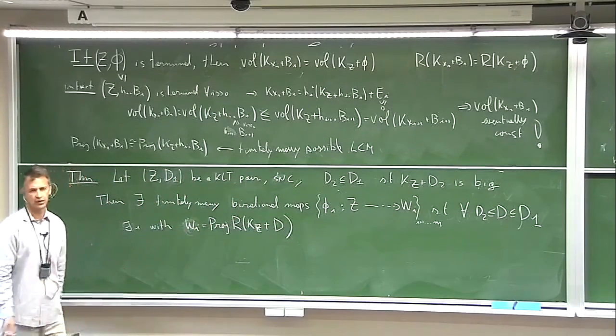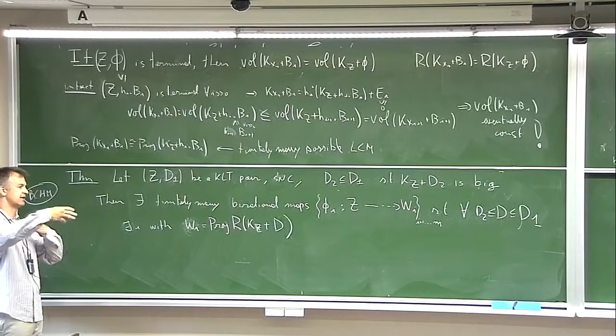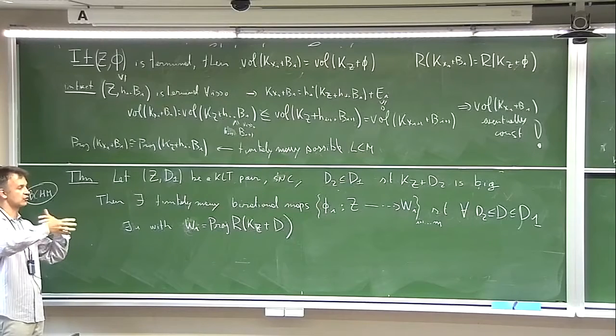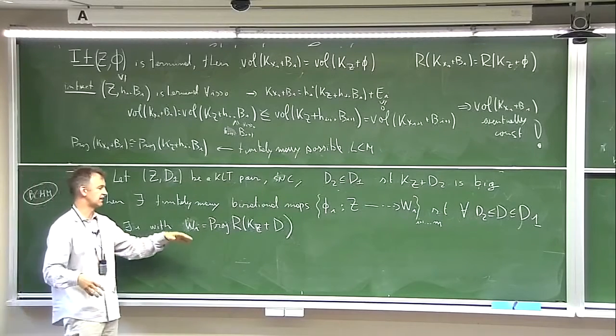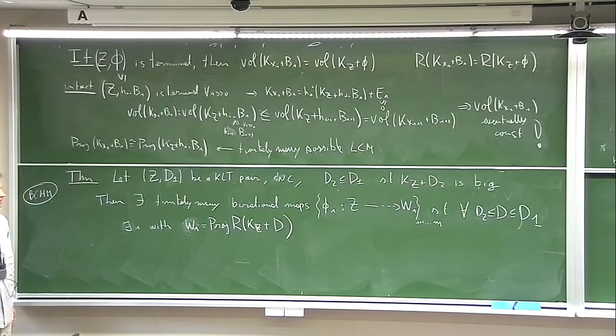I don't want to worry about that. It just means that you can write it as a convex linear combination of Q divisors, and for each of those Q divisors, the honest Proj is the same thing. This is proven by a compactness argument, so you have to be able to do things with R divisors. It's technically annoying, but it's not actually difficult.